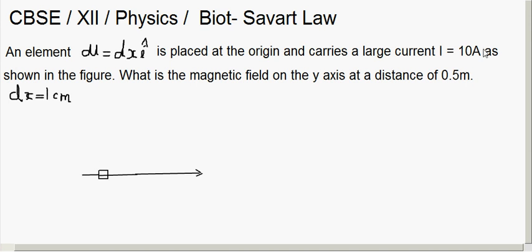Then we have the y-axis, x, y. We have to find out the field at this point, let us take it as P, and this point is 0.5 meter from the origin along the y-axis.